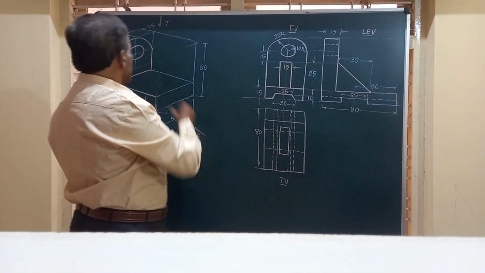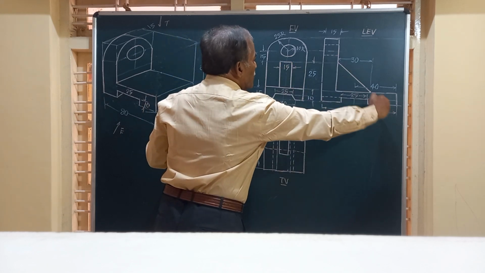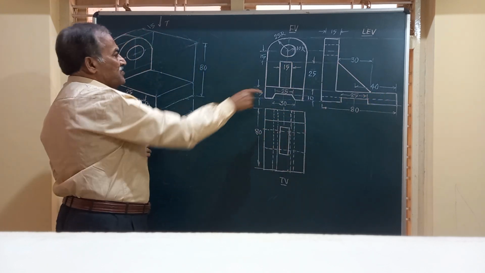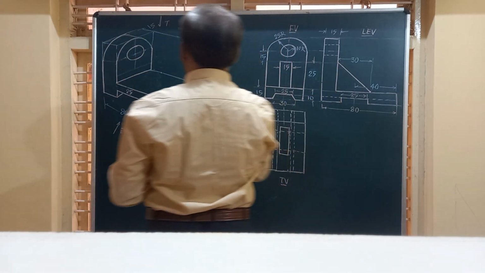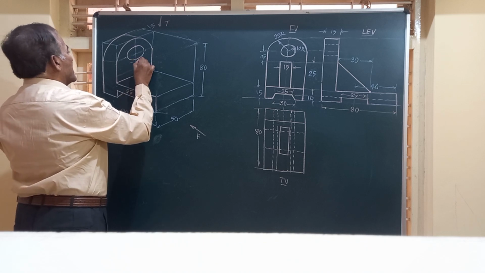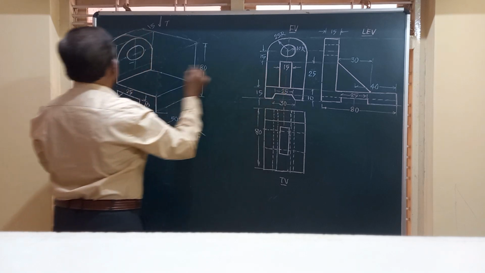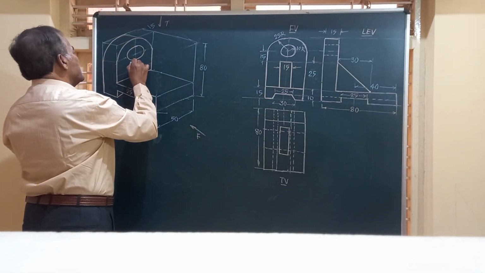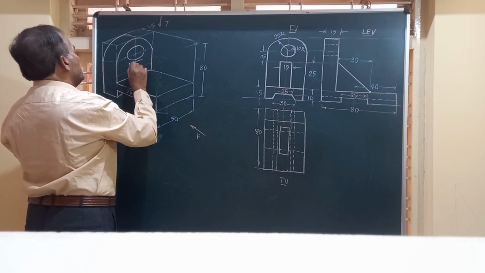Friends, if you see, there is a projection below this, and it is sloping downward. So with the dimensions given, friend, that is at a height of 25 from there, you are going to have this marked, a line parallel to that, which will have a width equal to 15 millimeter.